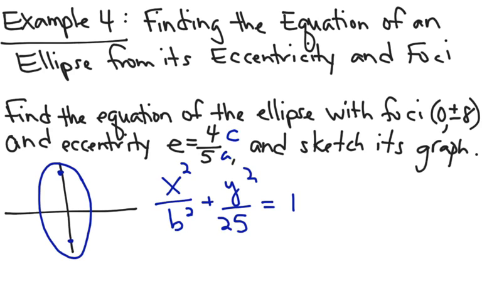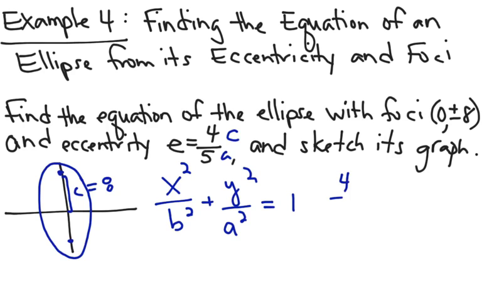Now I need to find out what... actually, let me scratch that for a second. Let me go back here for a second. I misspoke, as I often do. Actually, because the foci are at 8 and -8, that means C is 8.